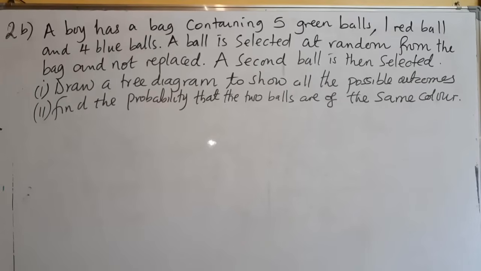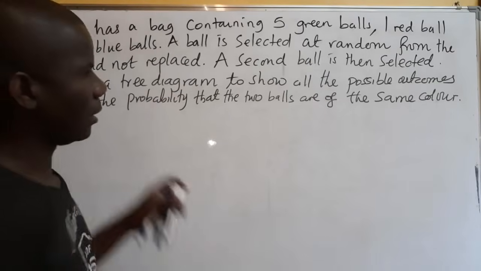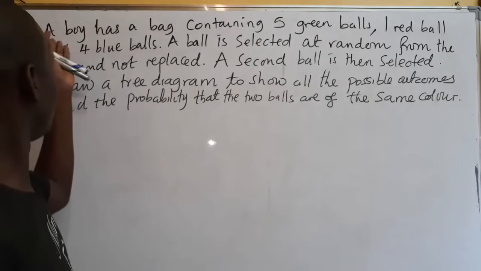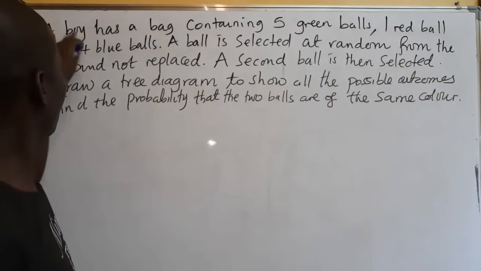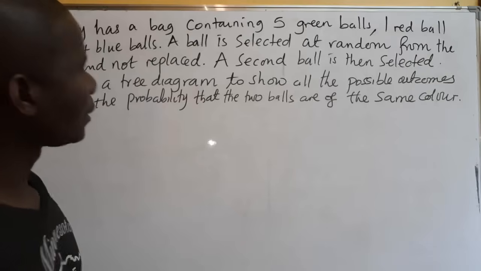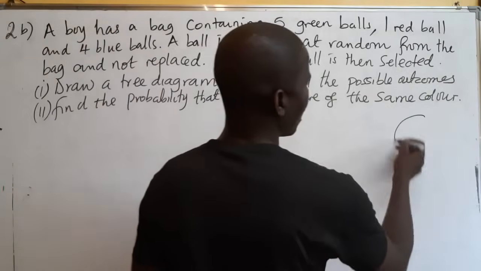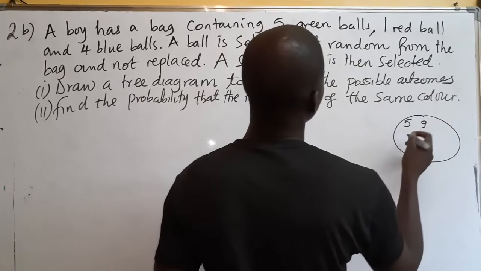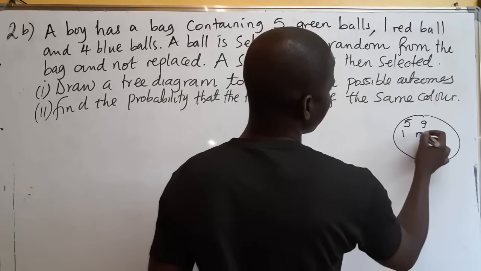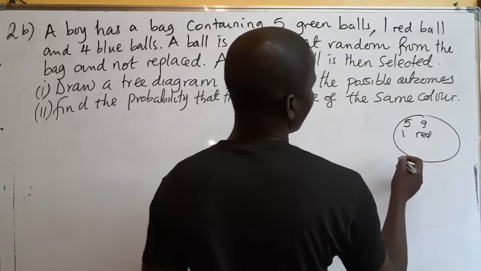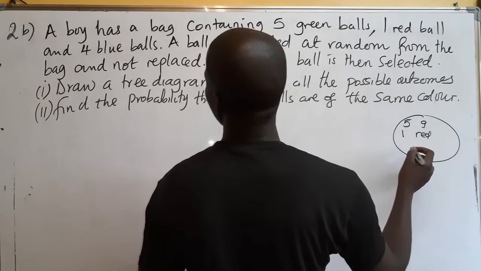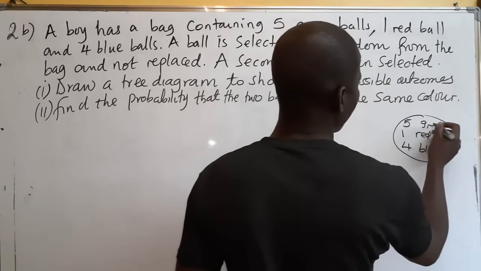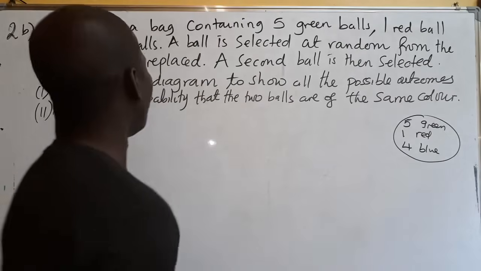Okay, so we look at 2b. This is part 2, question 2b. We have this question: a boy has a bag containing 5 green, 1 red, and 4 blue balls.